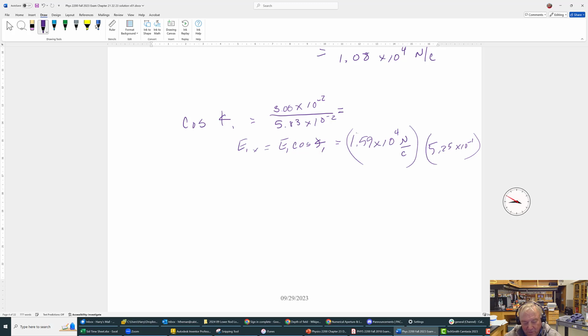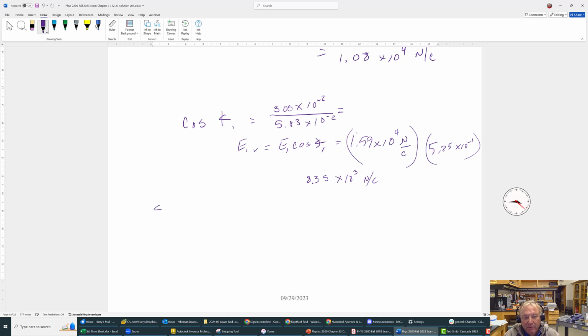And we multiply them to get 8.35 times 10 to the third. So still a pretty big number. And that's newtons per coulomb.